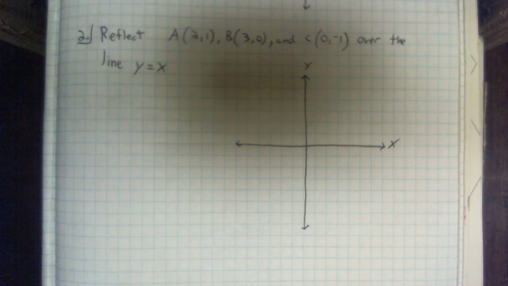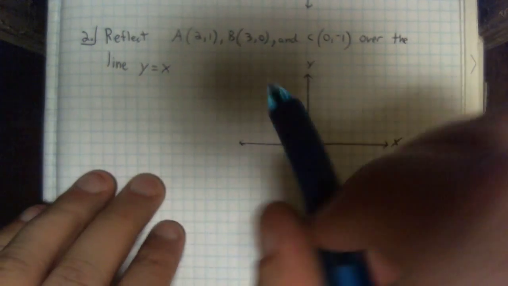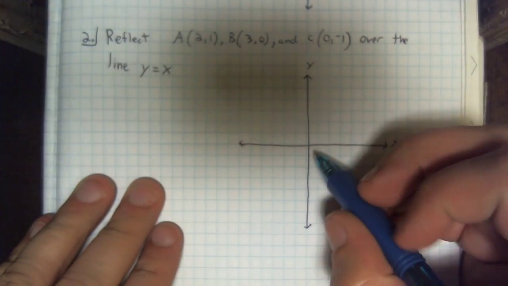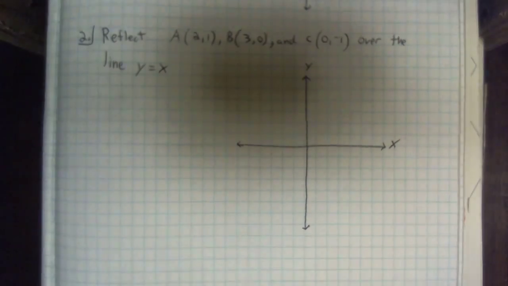Second problem, this one's talking about the line y equals x. Again, if you remember the shortcuts, use them. If you're like me, we're going to have to figure out what the line y equals x looks like. Well, easy way to think of it is, no matter what x is, y has to be the same. So if I plug in the value of 1 for x, I would have to get out the value of 1 for y.